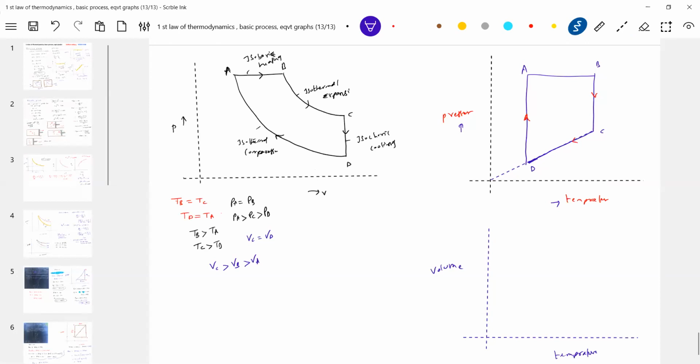Let's start with the isobaric process, AB. Isobaric process in a VT graph: a straight line passing through the origin.